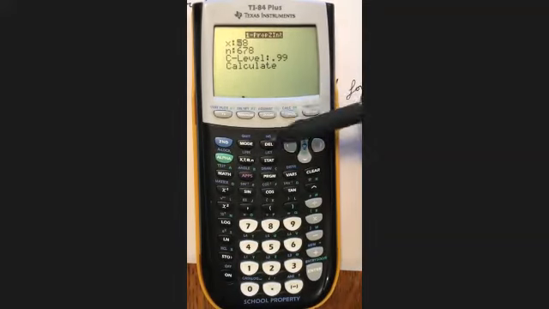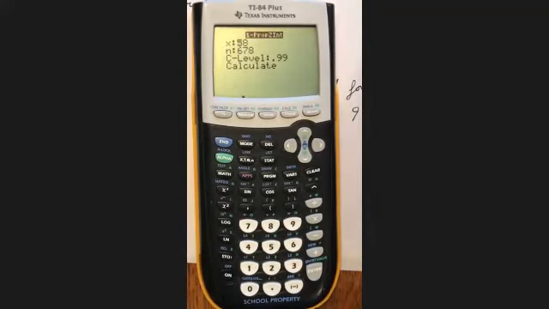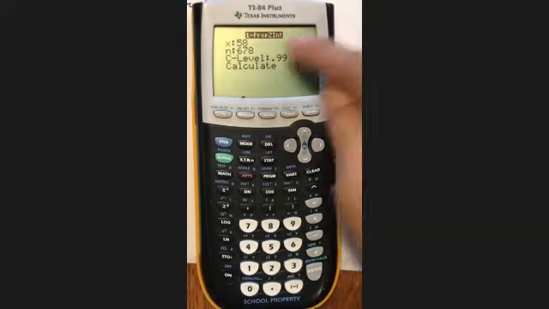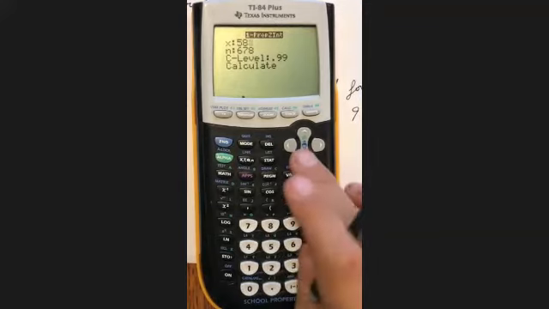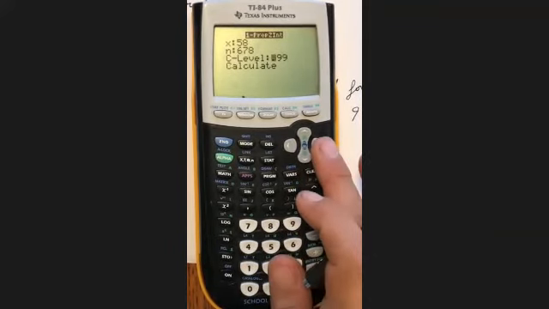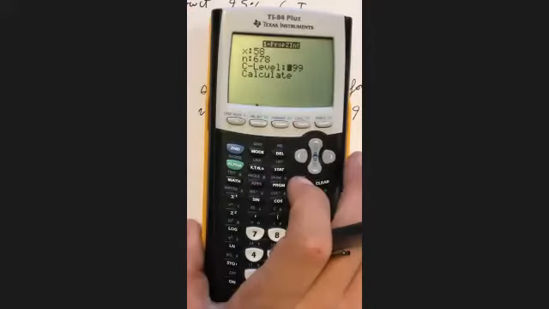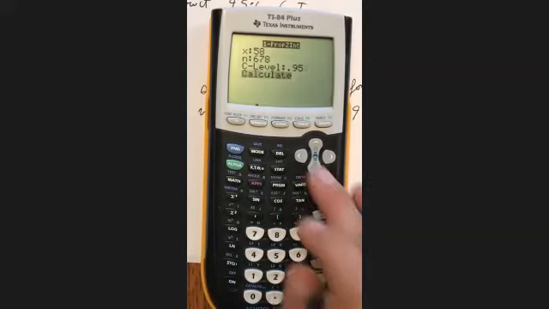And this brings up a menu system. 1 prop z interval asks for the x, the n, and the confidence level. Couldn't be easier. And I've already got the data put in. So it was 58 for the x, 678 for the n, and our confidence was 95, so 0.95.